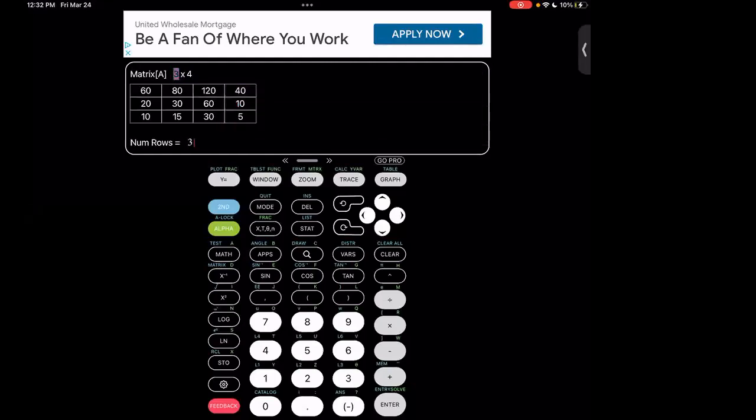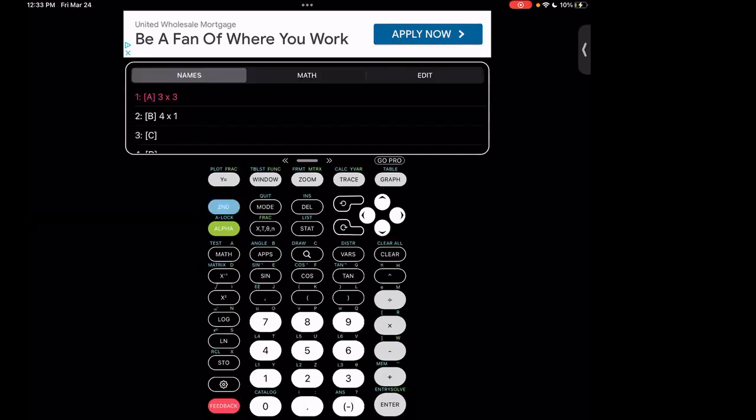Matrix A is a 3 by 3, my coefficient matrix. 1, -3, 1, 2, 1, -1, 1, -3, 1.